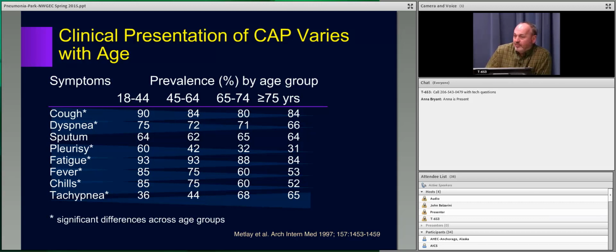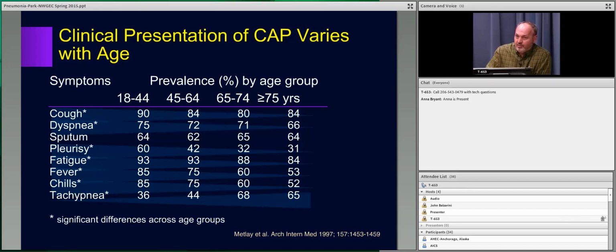They rarely have pleurisy. They have fewer instances of fever and chills, and they're much more often tachypneic and hypoxemic. So their pneumonia makes them sicker in an important way, without important clues that we like to think of: fever, chills, purulent sputum production, and so on.